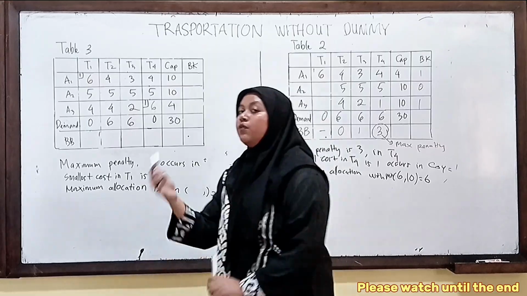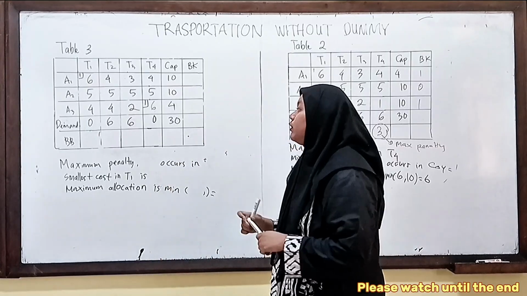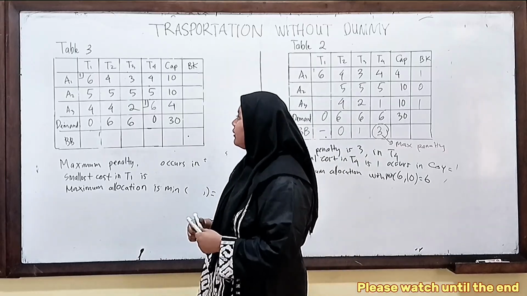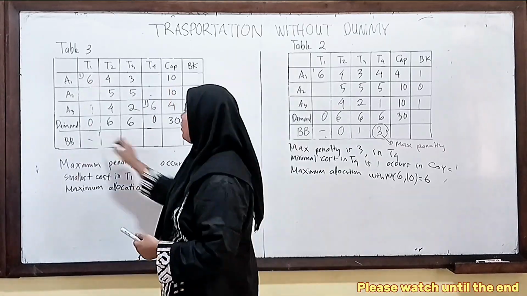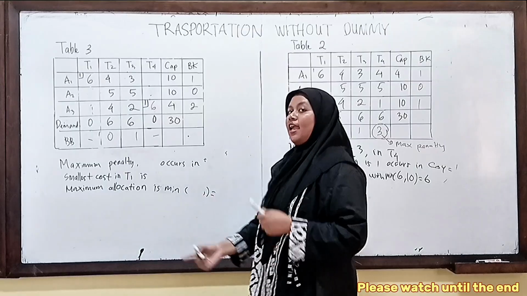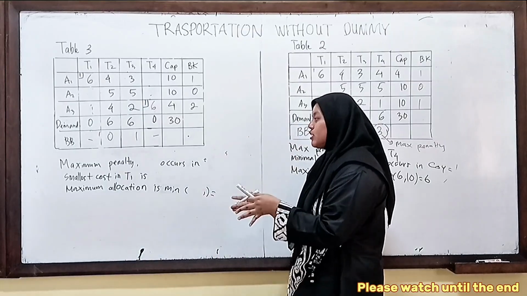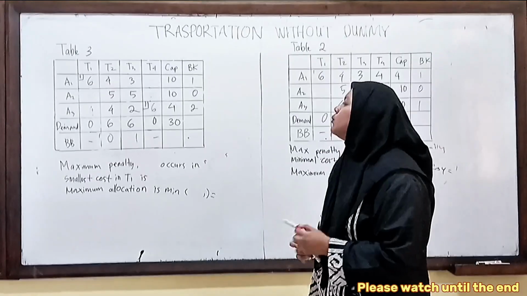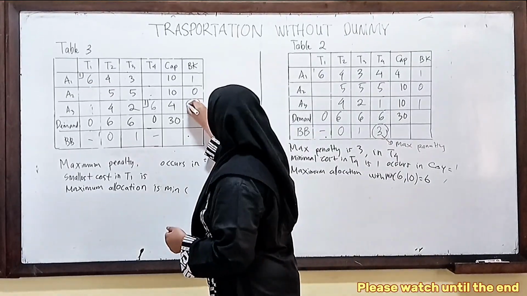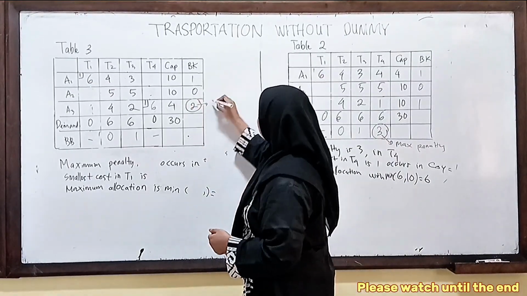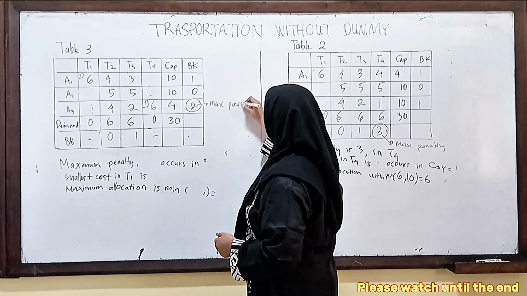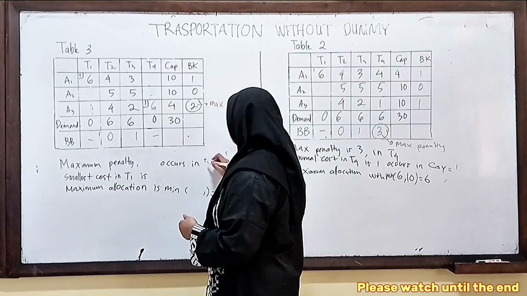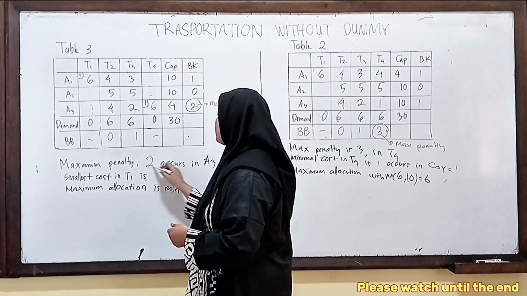Like before, we use the same way. First, we find the penalties, then choose the maximum penalty. The maximum penalty occurs in row 3, in A3, where the penalty is 2.